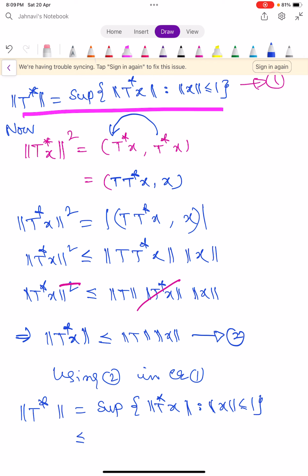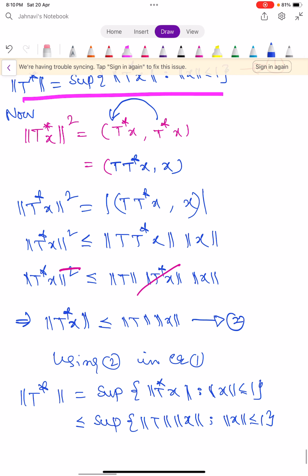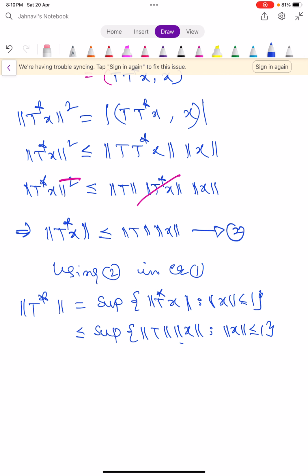Applying equation 2, this is less than or equal to the supremum of norm T into norm x such that norm x is less than or equal to 1. Since norm x is less than or equal to 1, this is less than or equal to norm T. So what we showed is that norm T star is less than or equal to norm T. Let it be equation number 3.